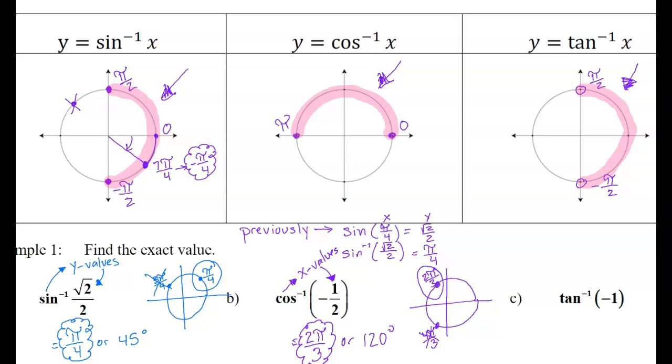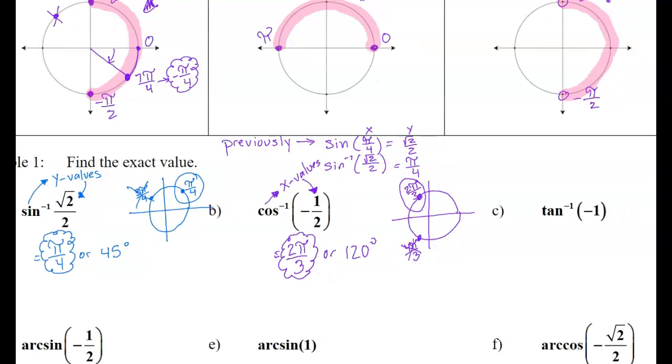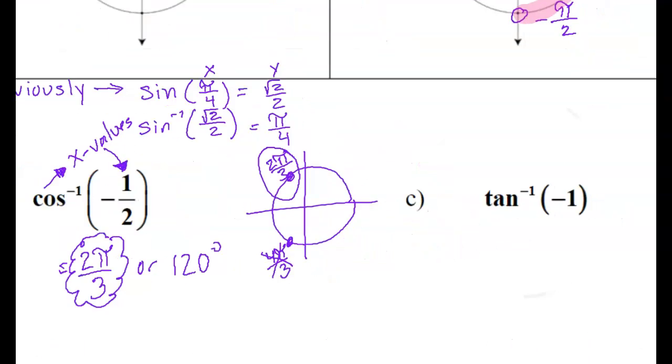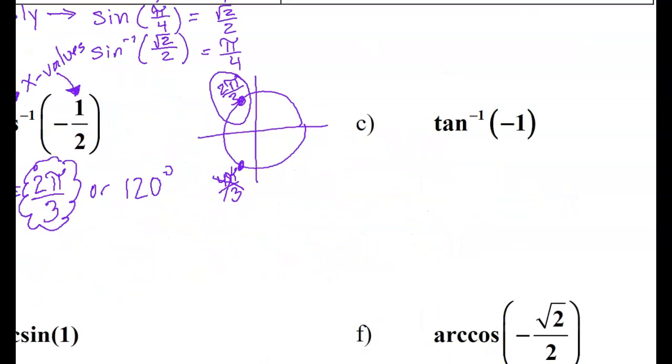All right, so now let's look at this last part. Tangent inverse of negative 1. Tangent is tricky because it is sine over cosine values, or y over x.